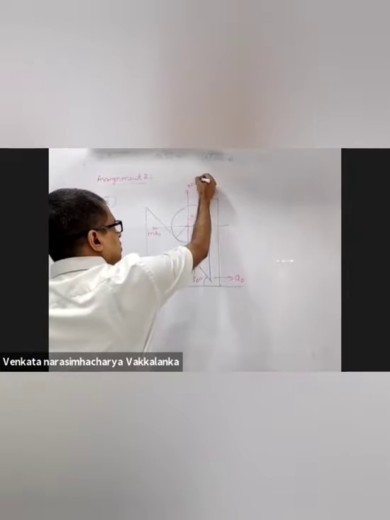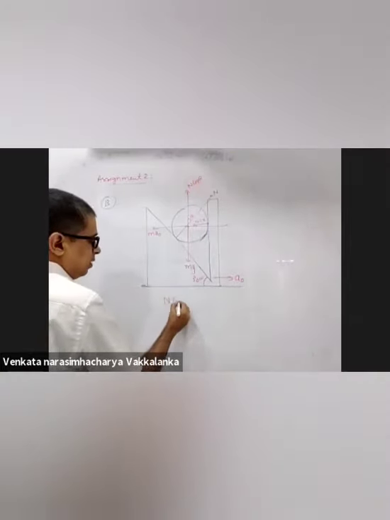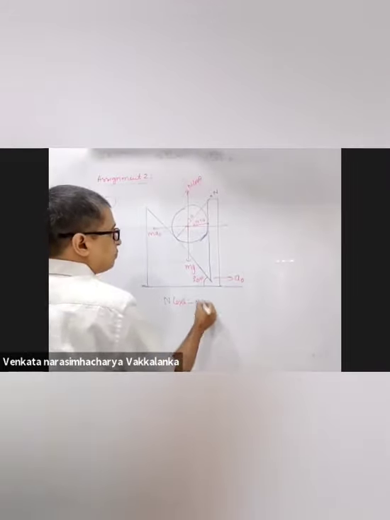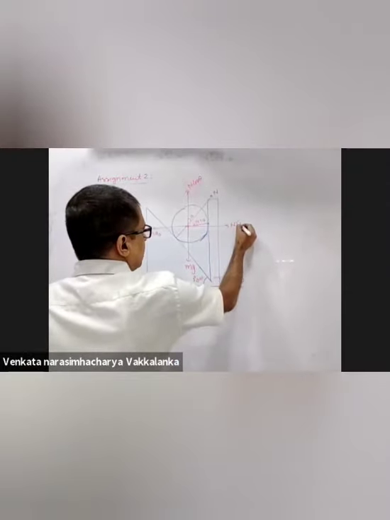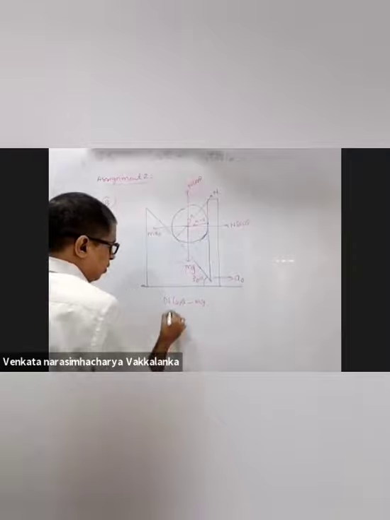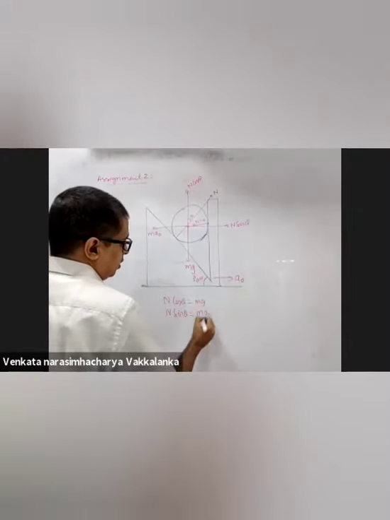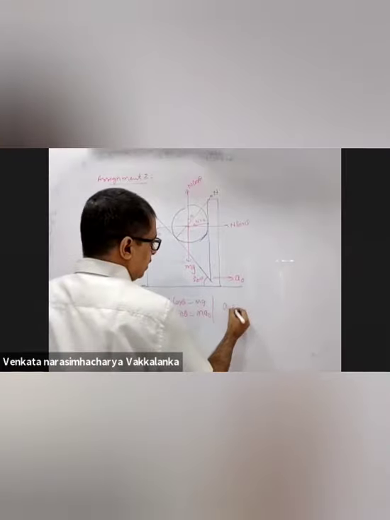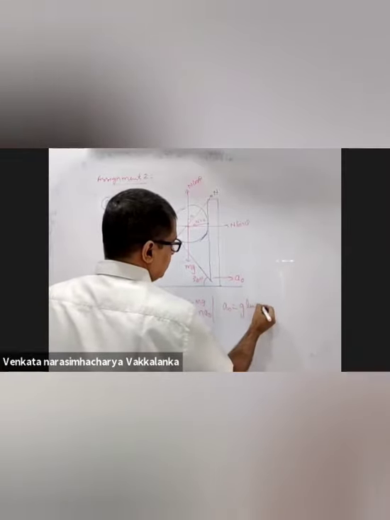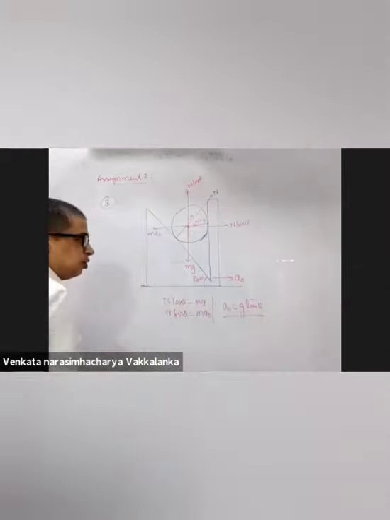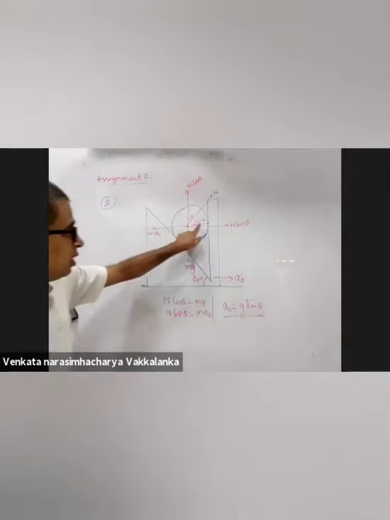N cos theta will be equal to mg. N sin theta will be equal to m a naught. Divide both. a naught is equal to g tan theta. Substitute theta and verify.